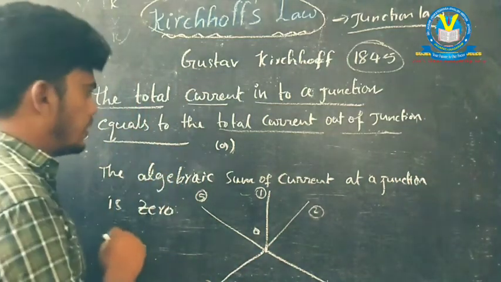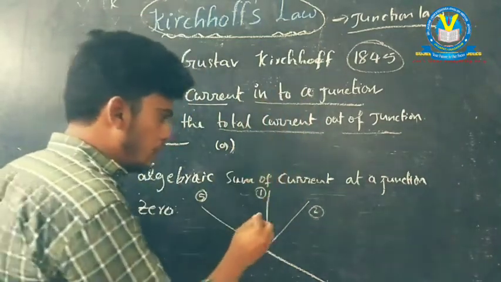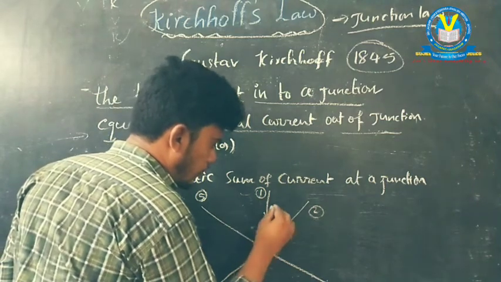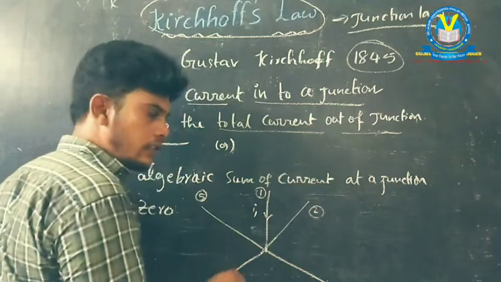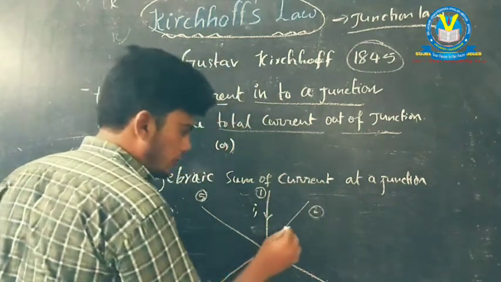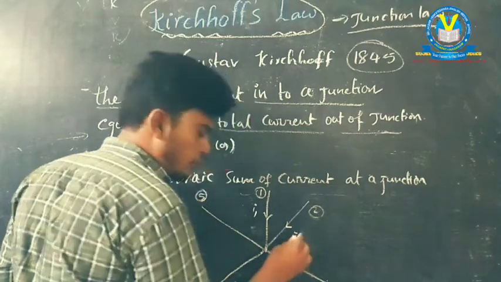What does the law state? The total current into a junction. For example, in conductor 1, the current goes into the junction, so I consider it as I1, and wire 2 also goes into the junction, it is I2. You can write anywhere.